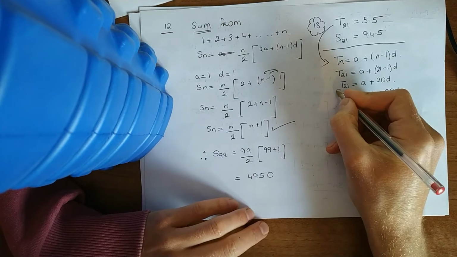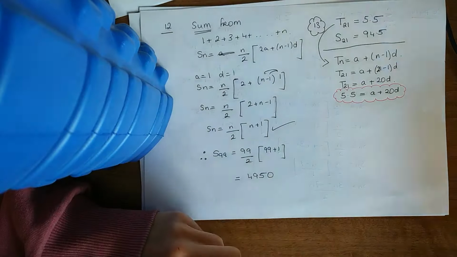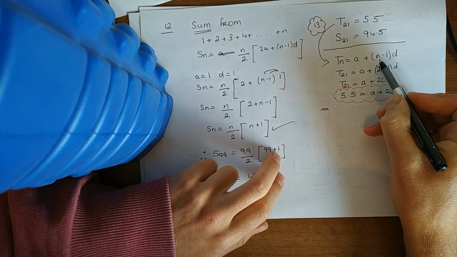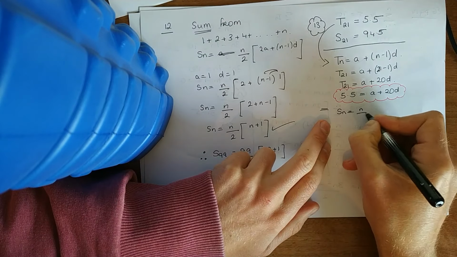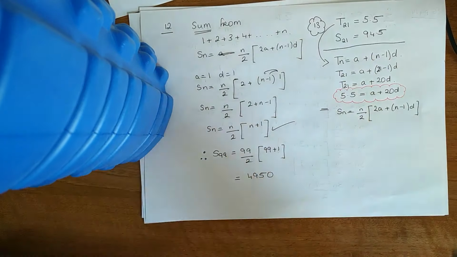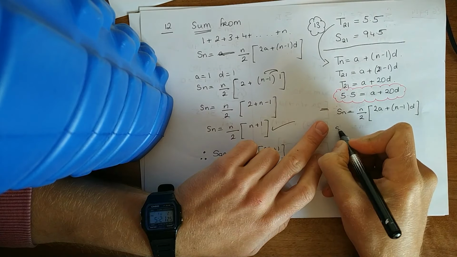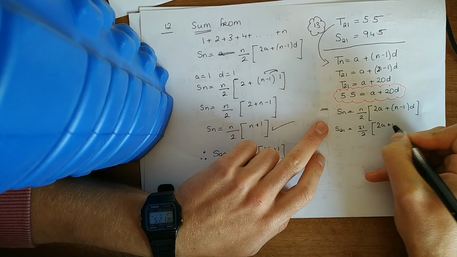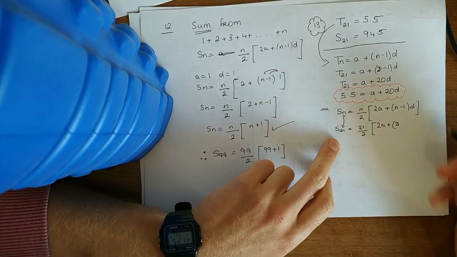Now already that's starting to look like something. Then, look at this next bit, S at 21. I don't use this formula because this means the sum of the nth terms. Sn is equal to n over 2, 2a plus n minus 1 d. We'll sub in 21. S at 21, 21 over 2, 2a plus 21 in for n.